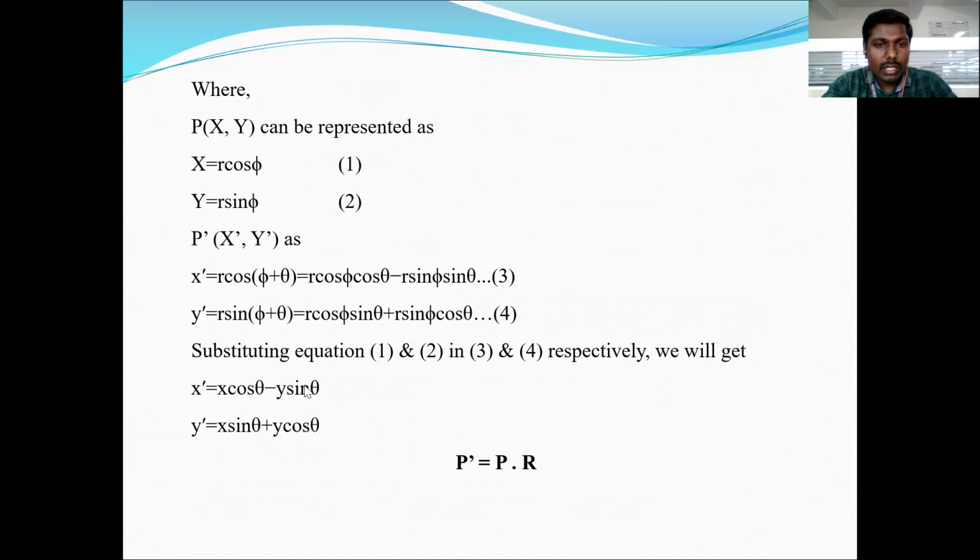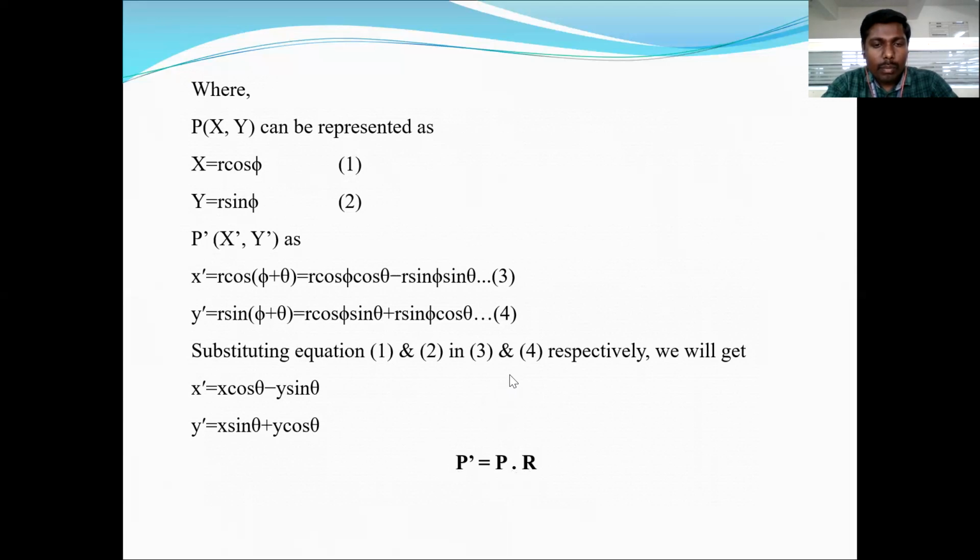We have seen sin theta and cos theta for 90 degree, 45 degree, and likewise we apply them here for any angle, whether 90, 60, 180 or 360 degrees. So what is our last equation? The final equation is P dash equals P into R.